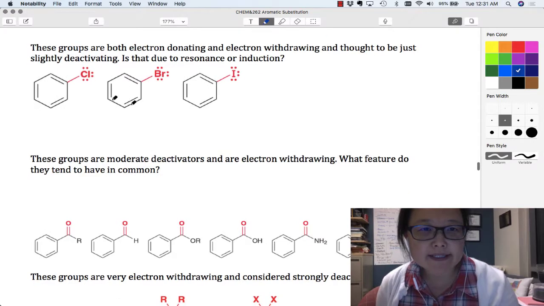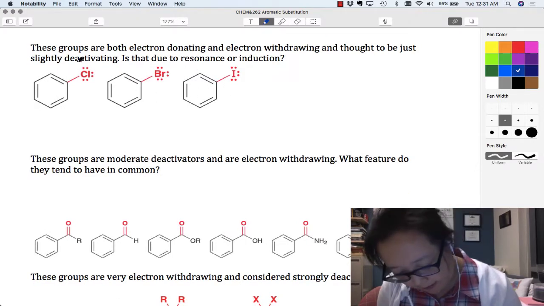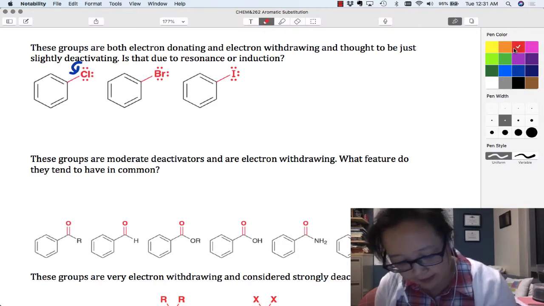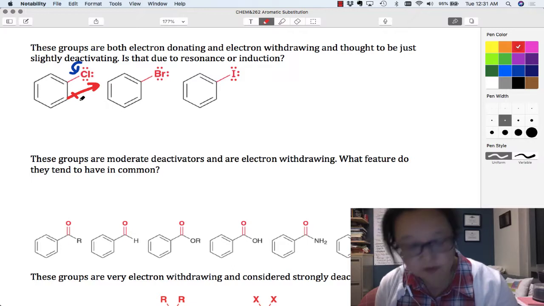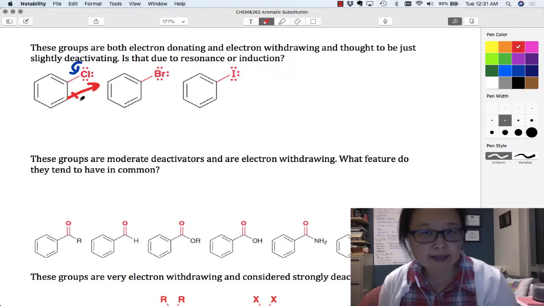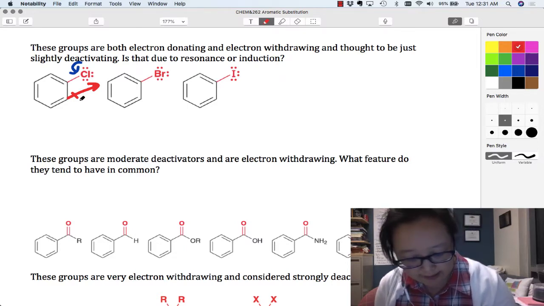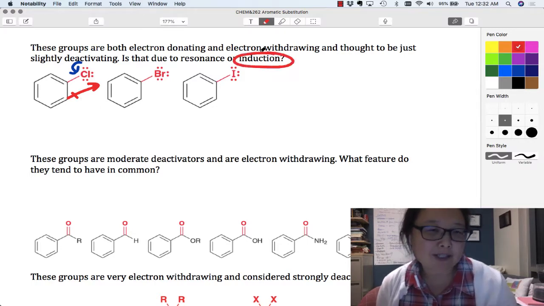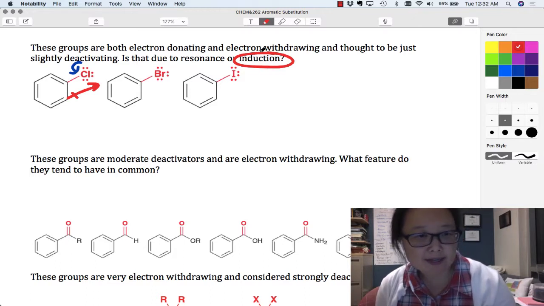Now with halogens, it's a little bit confusing because they have lone pairs, so they can donate in, but they also tend to be more electronegative, like fluorine, for example, so they can inductively pull out. So they're electron donating by resonance, but they're deactivating because they are pulling away due to induction, so due to their electronegativity.